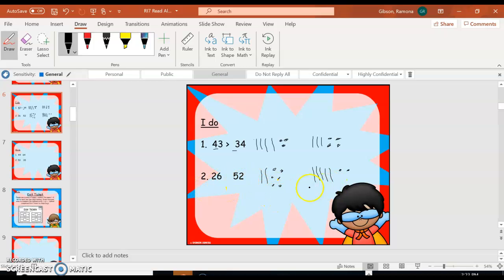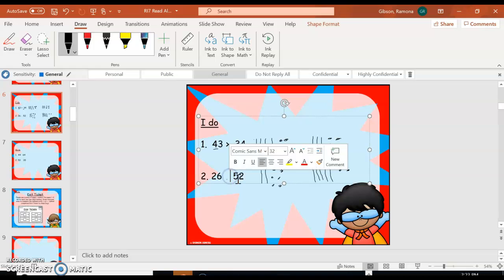And the number on the right, 52, I have 5 tens and 2 ones. So that means that I'm going to use the greater than or less than sign right here, and the sentence will read 26 is less than 52. Remember, the alligator is always going to eat the greater number.